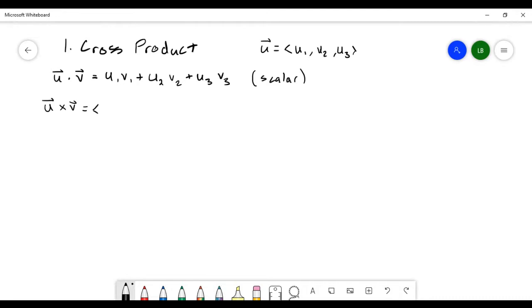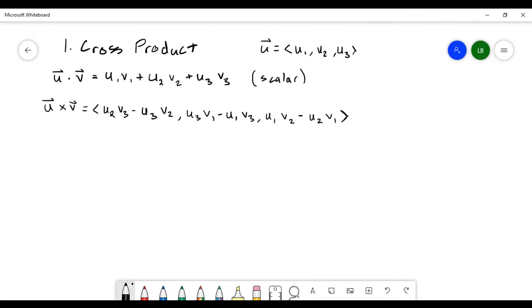It gives you u2 times v3 minus u3 v2 as its first component, then u3 v1 minus u1 v3, and lastly for its final component it gives you u1 v2 minus u2 v1. If that looks complicated, it's just kind of a mess when you write it all out.